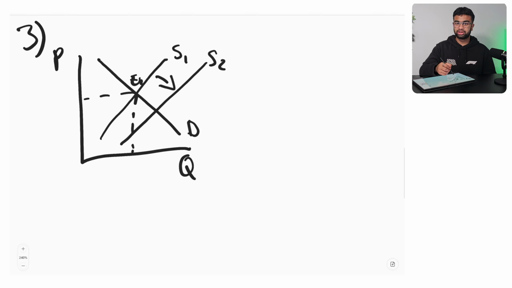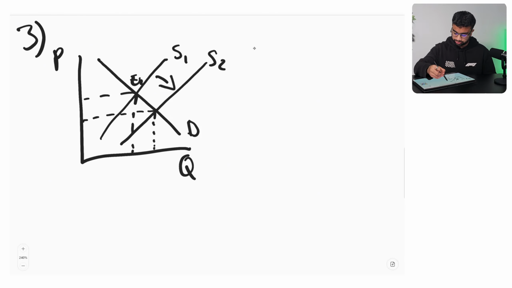Say they can now produce more because it's cheaper resources for them. We could say that we have moved along our demand curve because first our equilibrium was here, equilibrium 1, but then because of a change in supply because of price, it's at this point on the demand curve. So we've moved along the demand curve without actually moving the demand curve itself.